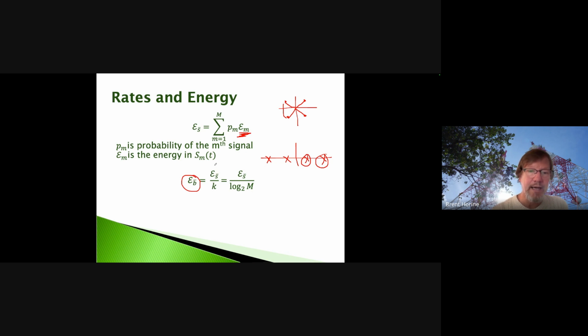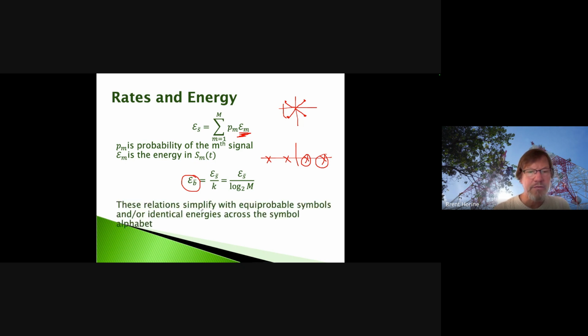We do that by saying there are K bits per symbol, so let's take the average energy in the symbol, divide by K, and allocate that to the bits. Another way of doing it, of course, is K is equal to log base 2 of M, or M is equal to 2 to the K. Those are reciprocal operations, so we're just substituting for K there. Sometimes we want to work with M, sometimes we want to work with K.